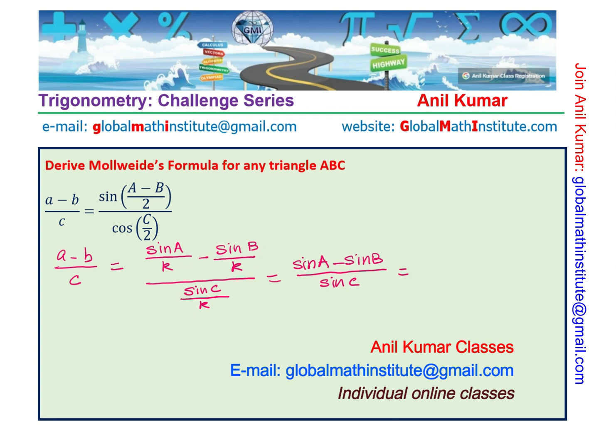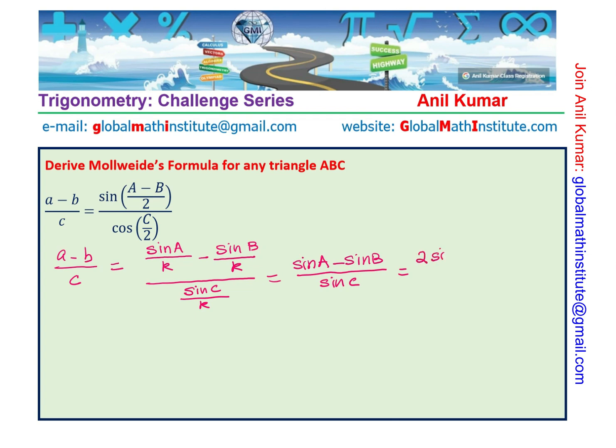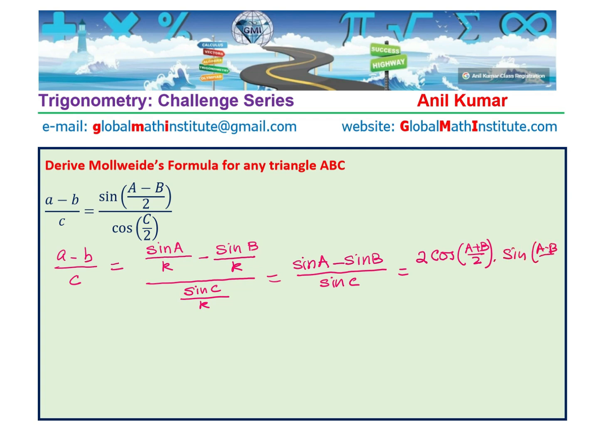Now we'll apply the difference formula, right? So we get 2 times cos of (A plus B) by 2 times sine of (A minus B) by 2, divided by, using the sine 2 theta formula, 2 times sine of C by 2 times cos of C by 2.